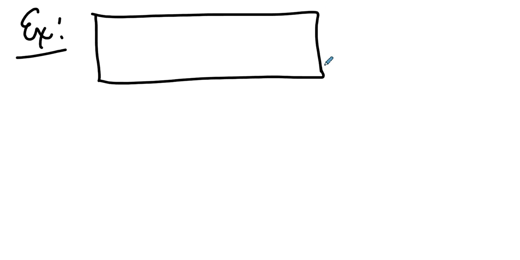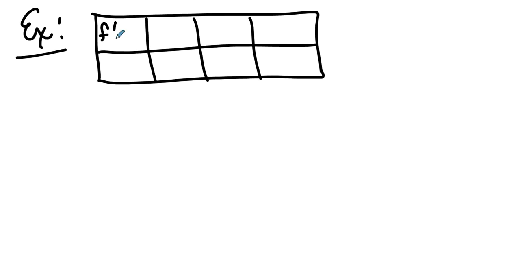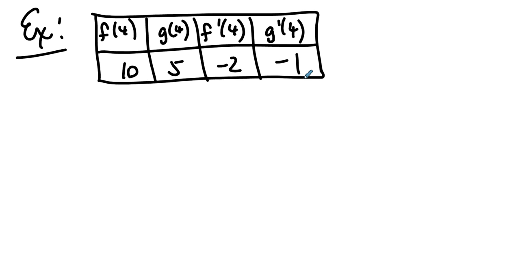So let's pretend that you have some functions, maybe f and g. That sounds fair. So we'll give some information in table form. We'll have f of 4 and g of 4 and f prime of 4 and g prime of 4, and those are 10 and 5 and -2 and -1.